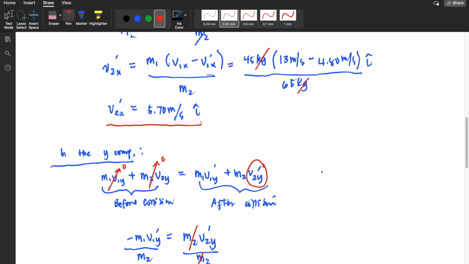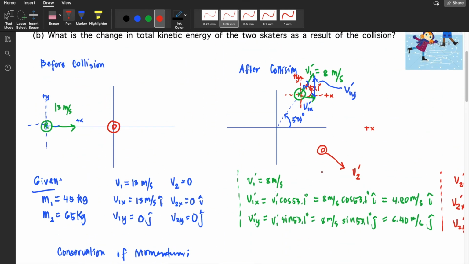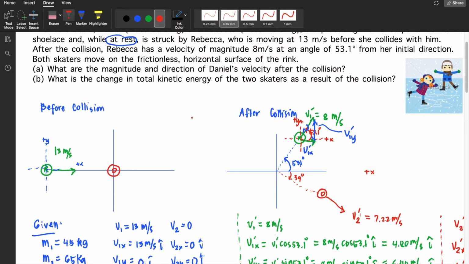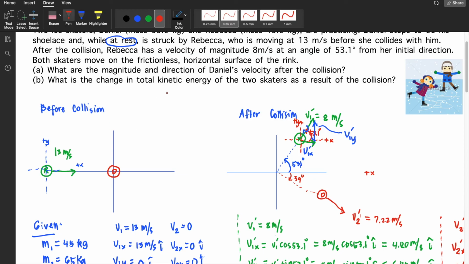Take note that Daniel is located in the fourth quadrant with the direction of 39 degrees and a magnitude of 7.22 meters per second. So for letter B, what is the change in the total kinetic energy of the two skaters as a result of the collision?